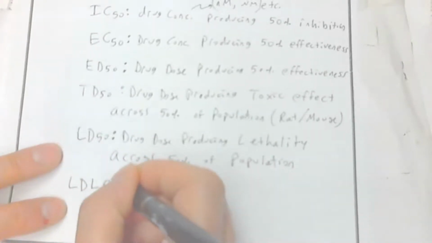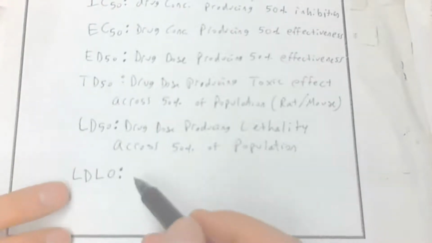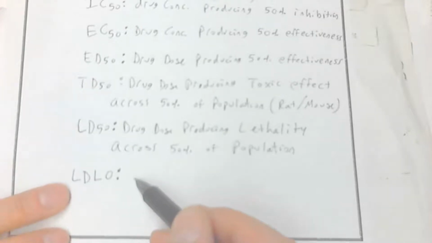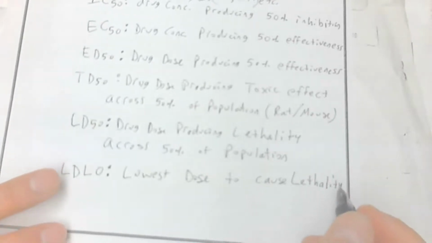And then we have LDLO. This is another interesting one in terms of drugs, and this is very commonly known for a lot of drugs. It's the lowest dose to cause lethality. Lowest dose to cause lethality.